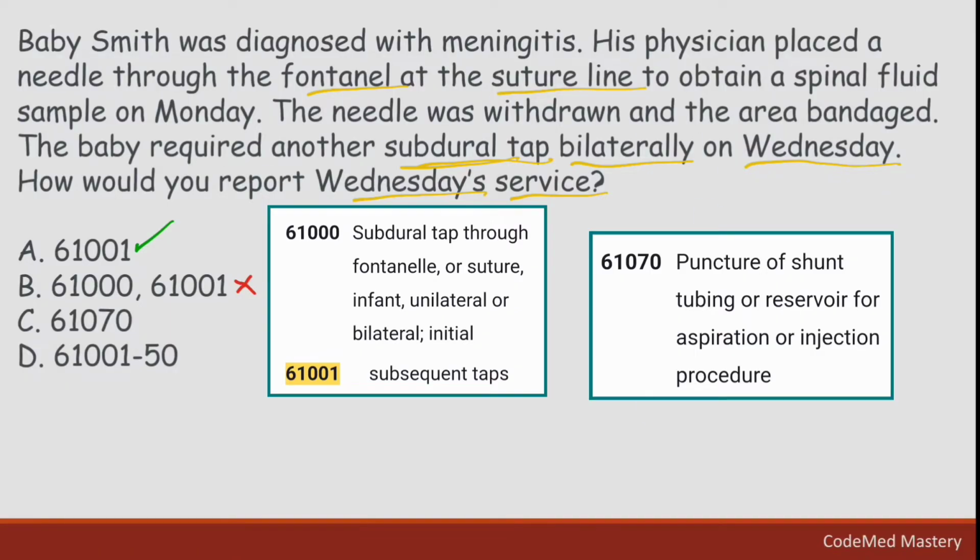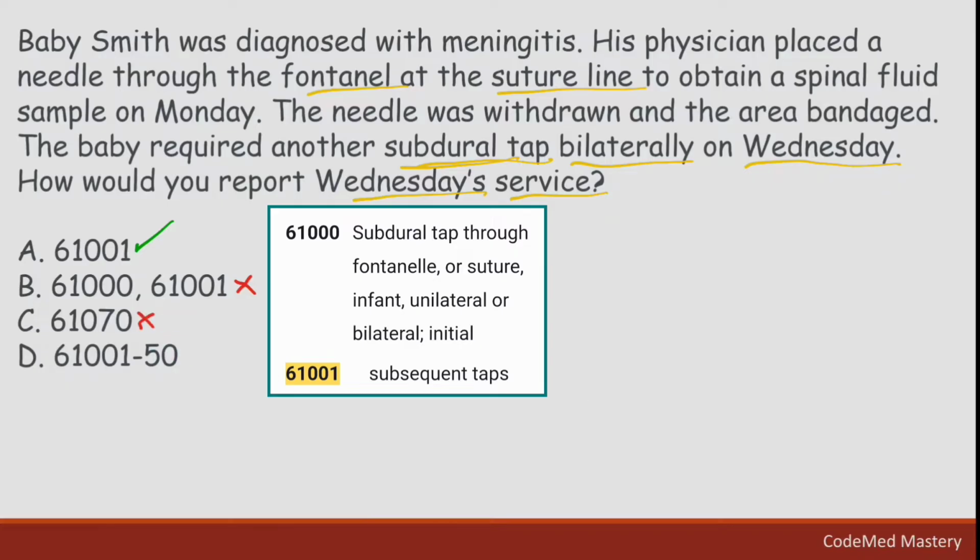So that is not mentioned in the scenario. So eliminate option C. And in option D they have given 61001, that is correct, but they have mentioned modifier 50. But the code already represents a bilateral procedure, right? They have given unilateral or bilateral. So we should not append modifier 50 again. So option D will be wrong.